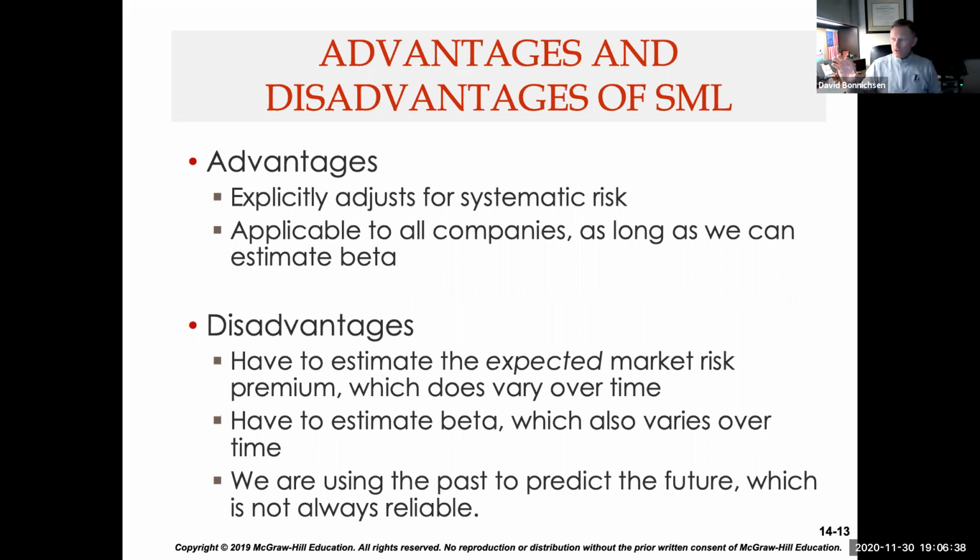So when we talk about beta, we can take the concept of CAPM not only from the corporate level, the firm level, but we can push that concept of CAPM, cost of equity, expected return, down to the divisional level. And then, just like we talked last week, weighted averages.